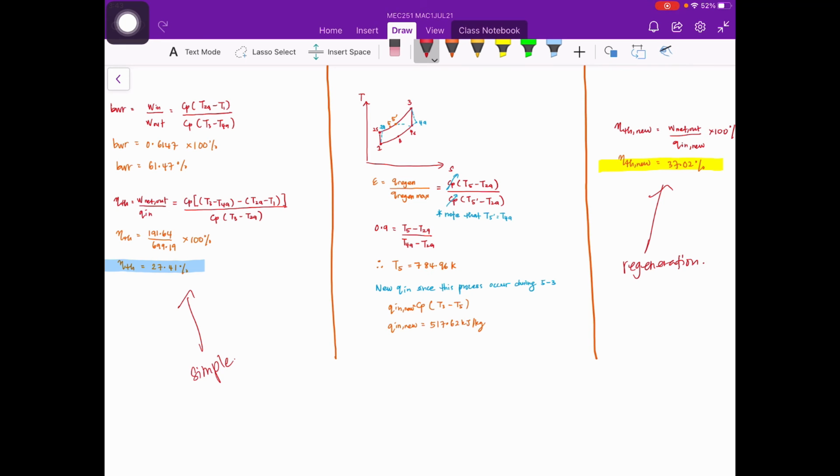You may write something like: the thermal efficiency of the gas turbine has gone up from 27.41% to 37.02% as a result of installing a regenerator, or maybe you can say as a result of the regeneration process implemented to the Brayton cycle.